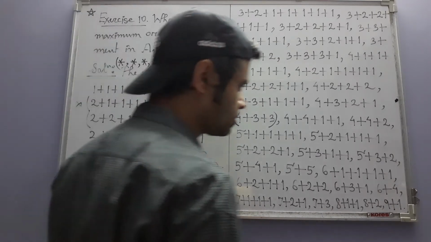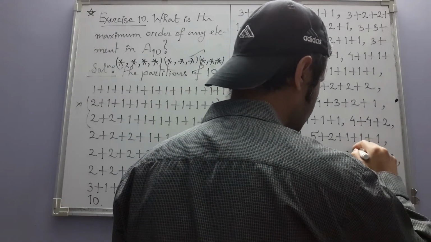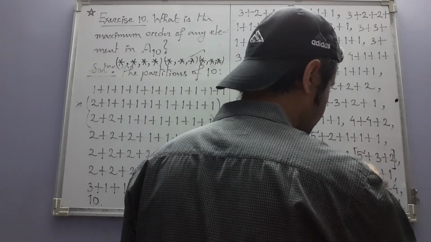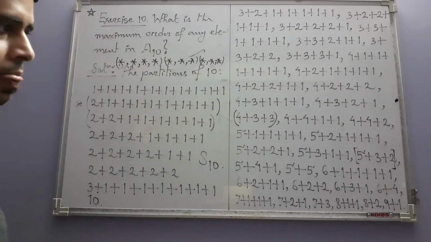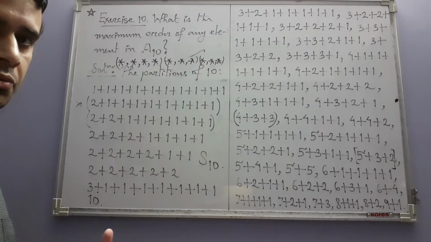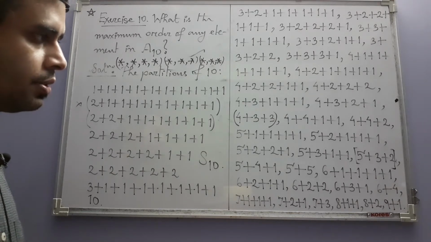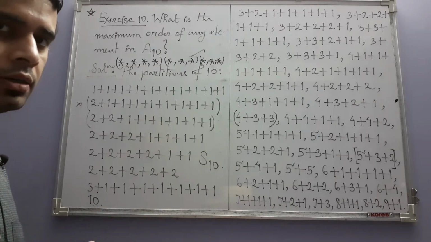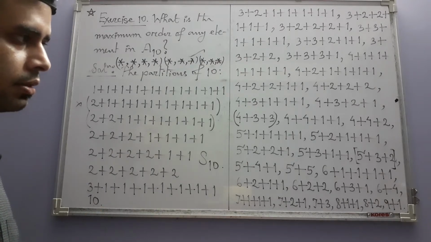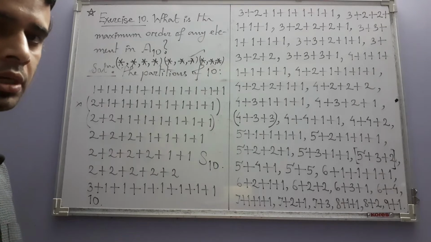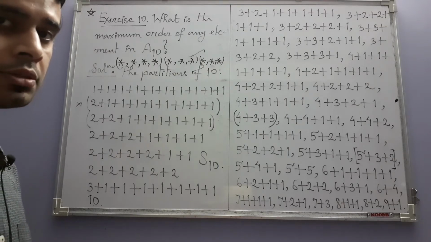You can see one more thing. If you look at this partition, it corresponds to a product of a 5 cycle, a 3 cycle and a 2 cycle. And here if you calculate the order, you get 30, because the numbers 5, 3 and 2 are pairwise co-prime.